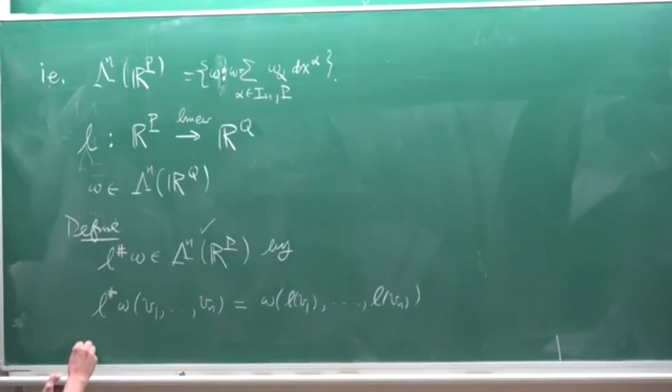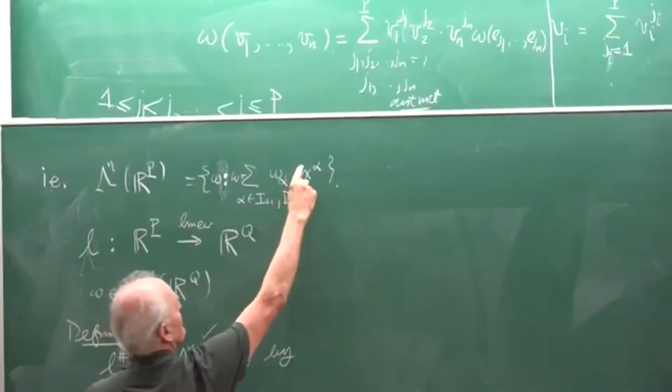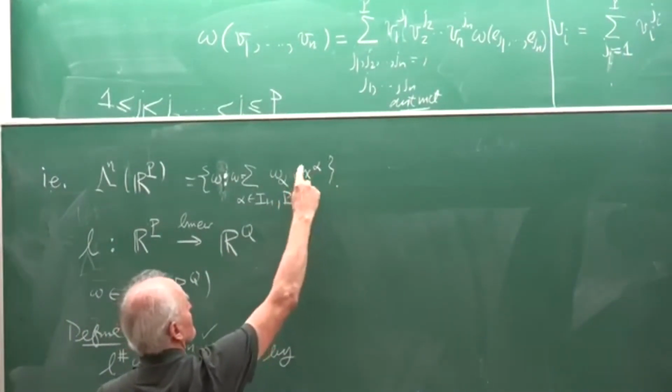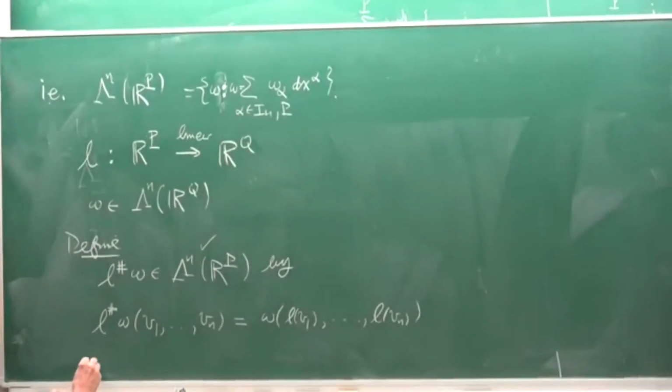And remember, all of our omegas can be written in this way, so we should work out what the pullback of those guys are. That would be good to know. So let's work out L sharp.